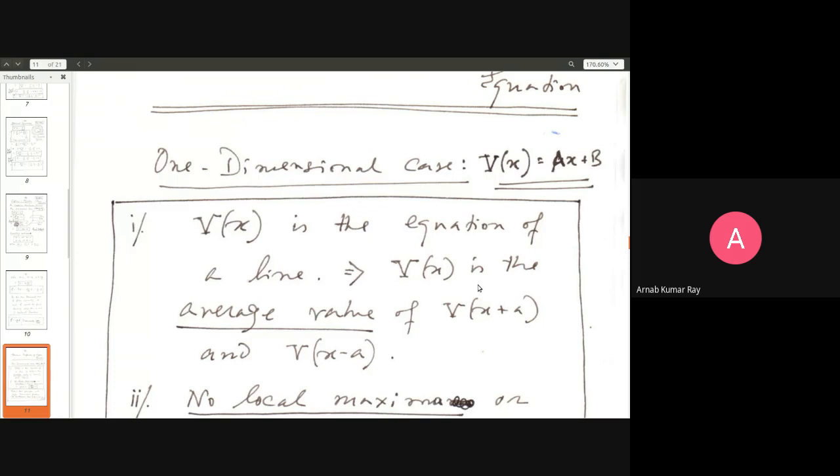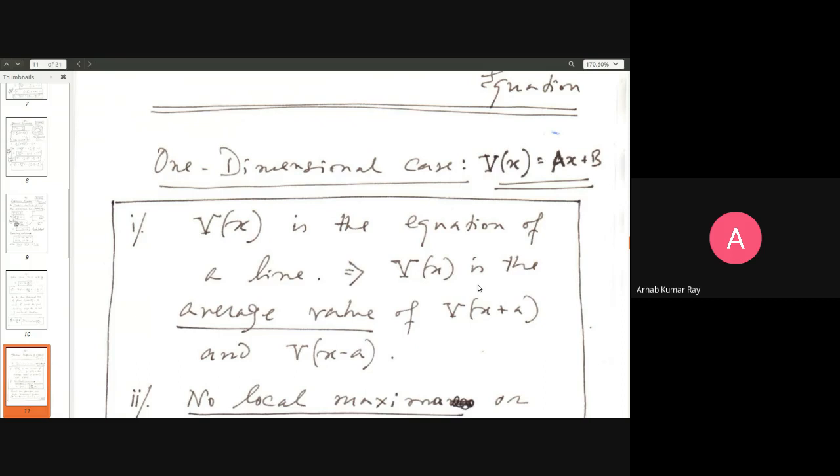Or if you look at a parabola, y is equal to x squared, it has one minimum. Or if you look at the parabola y is equal to minus x squared, it has a single maximum. So whatever it is, these functions have either a maximum or a minimum, or sometimes multiple maxima or minima. These functions twist or turn. But a straight line does not behave like that.